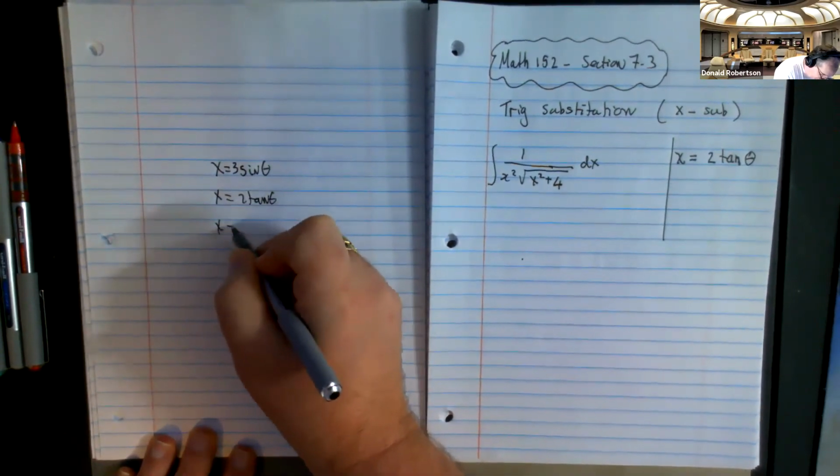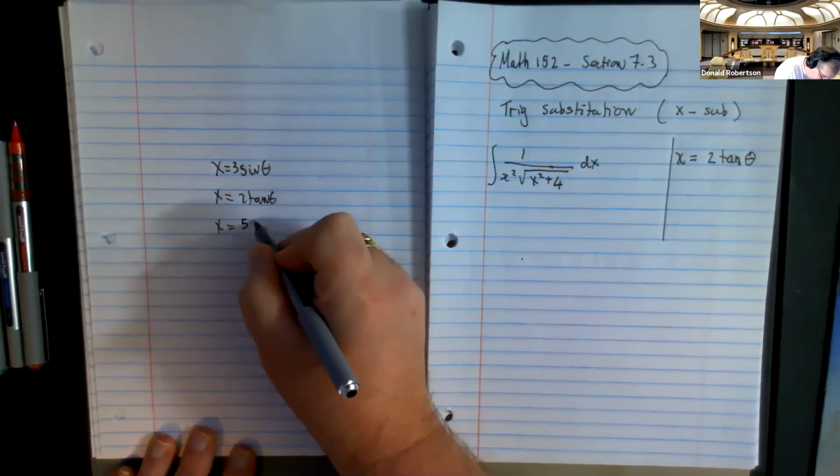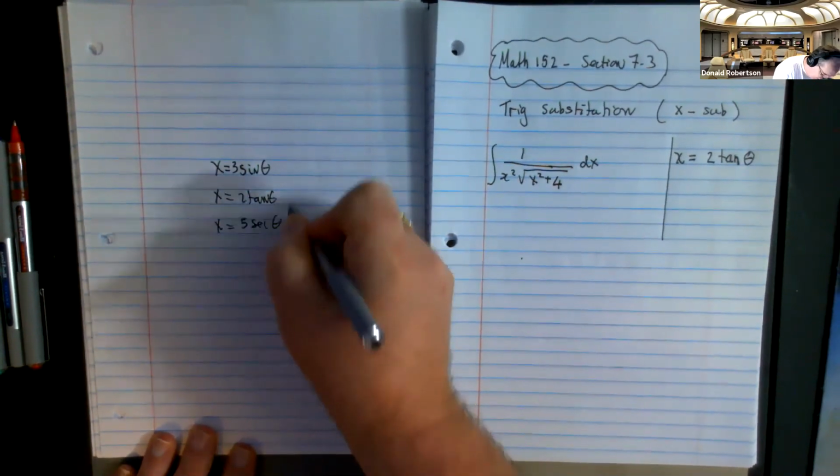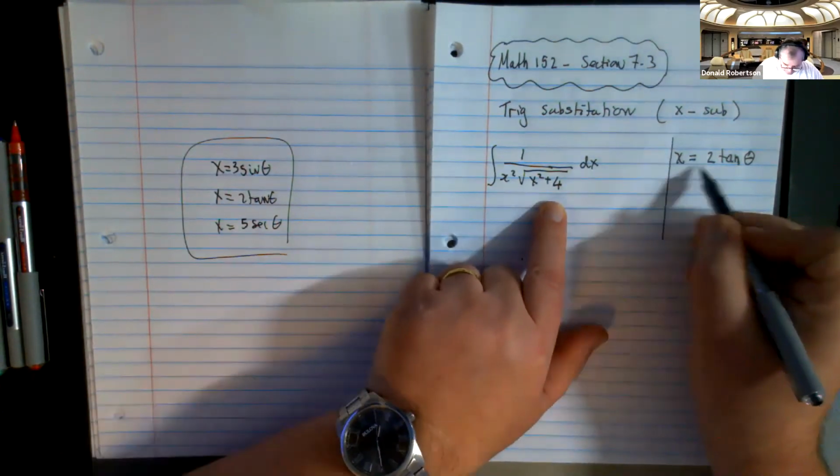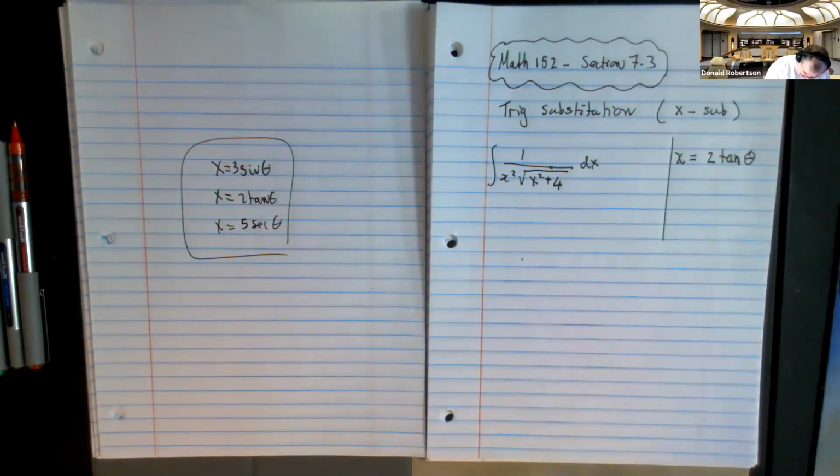And the third situation, there's going to be some multiple of secant theta. One of those three is your x sub. And there's rules about how you decide that we'll talk about another day. It'd be really nice if they just told you in the question to use this. But I can show you how you find out later. Let's just assume then that this is a good x sub to use.